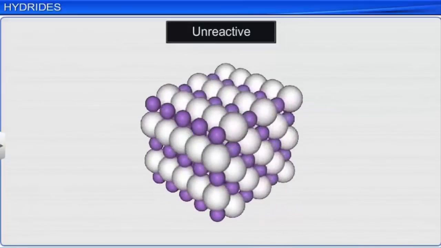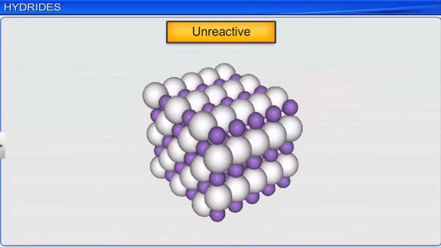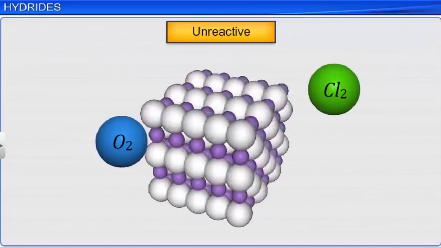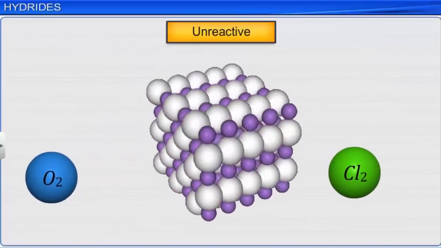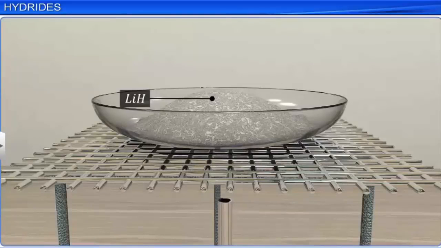Unlike other ionic hydrides, lithium hydride is unreactive at moderate temperature with oxygen and chlorine gas, and is used in the synthesis of other useful hydrides such as lithium aluminium hydride and lithium borohydride.